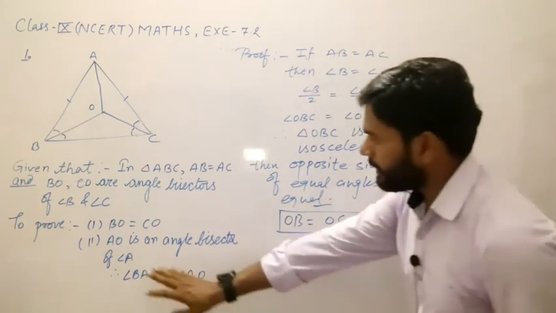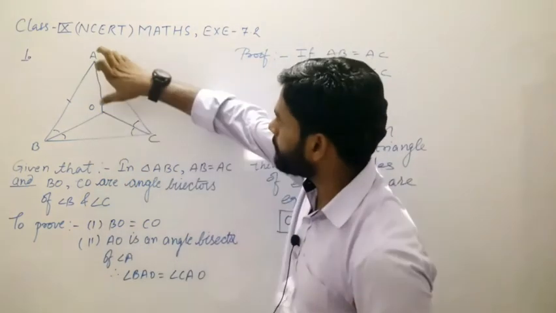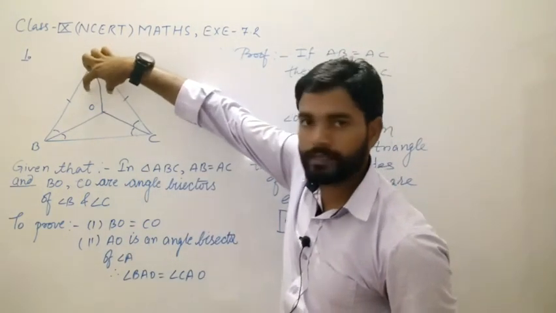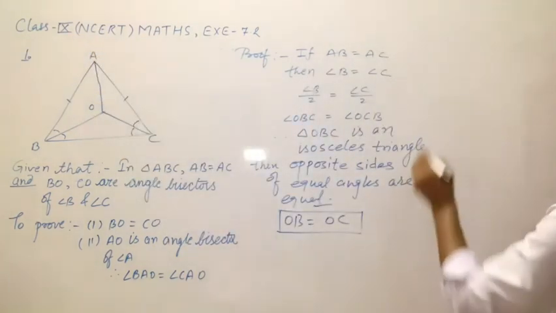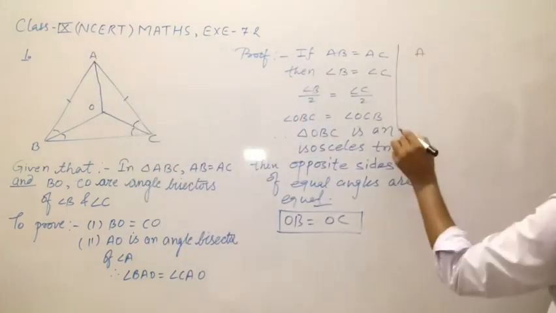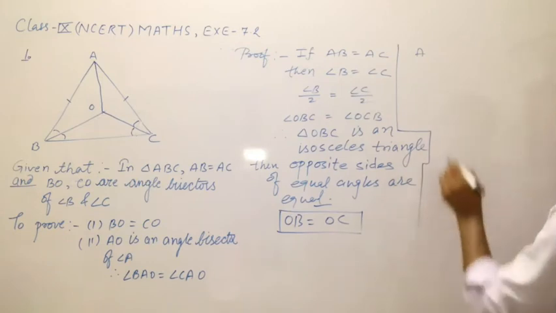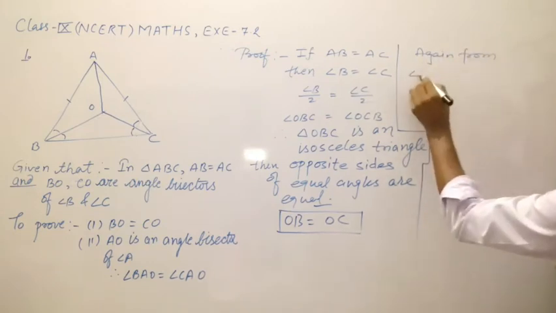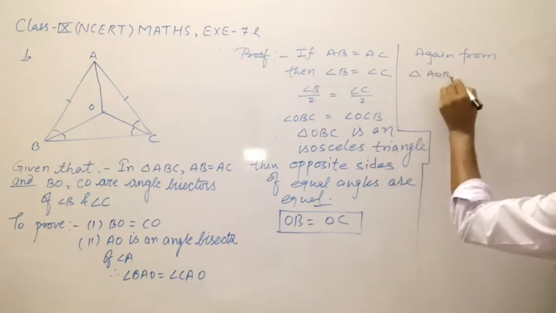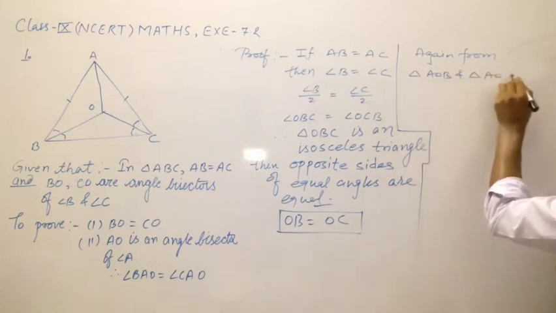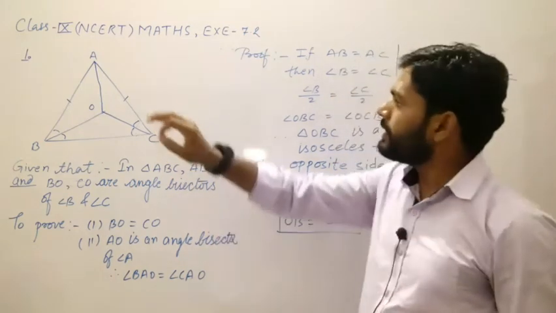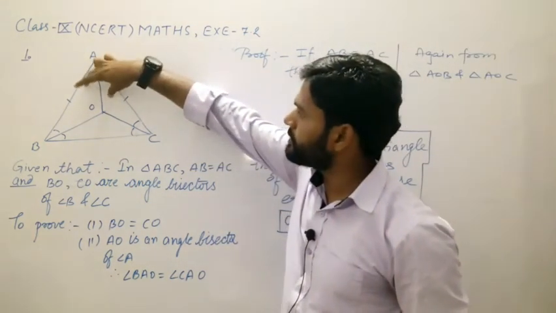Now for the second thing, AO is the angle bisector. अब देखो AO कौन से ट्रायंगल में, इस ट्रायंगल में भी और इस ट्रायंगल में भी है, तो मैं ये दोनों ट्रायंगल सेलेक्ट करता हूं। From triangle AOB and triangle AOC, compare these both the triangles.